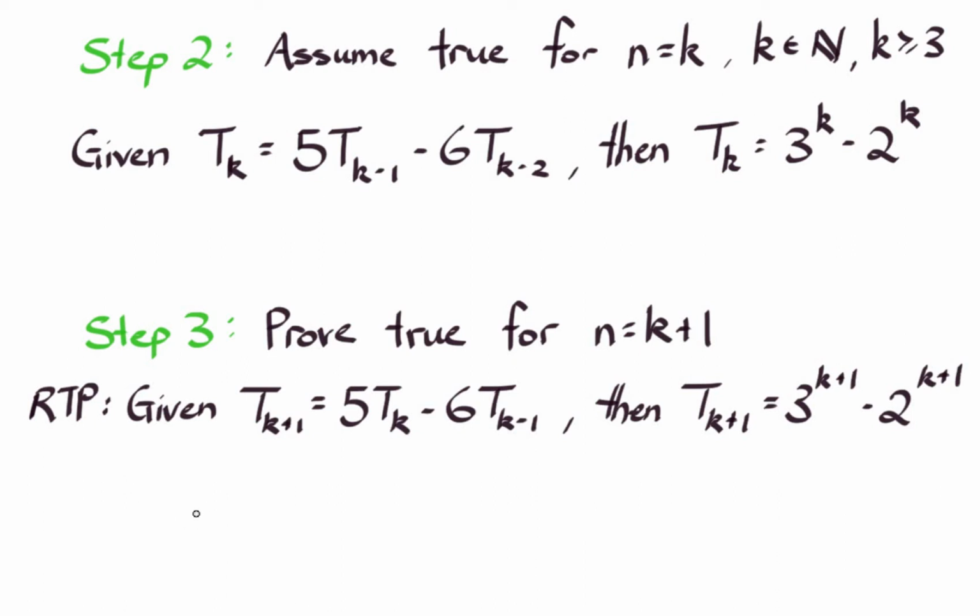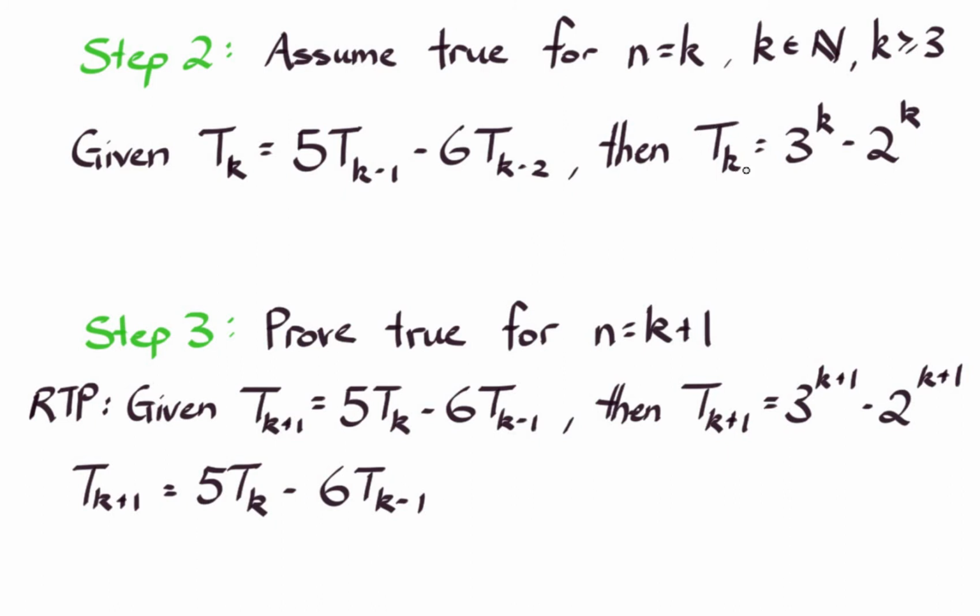Alright, so let's start with the recurrence relation, which is this left-hand bit here. And normally this is where we would go and use step 2, right? Let's have a look up at step 2. So there's our recurrence relation, and we're assuming this to be true.